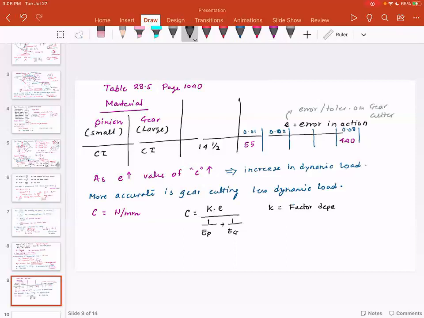This value is 0.107 for involute with 14.5 degrees. This factor is 0.111 for 20-degree full depth, and this factor is 0.115 for 20-degree stub.